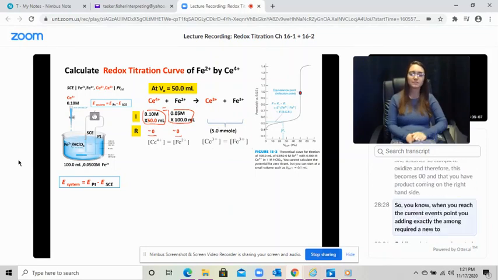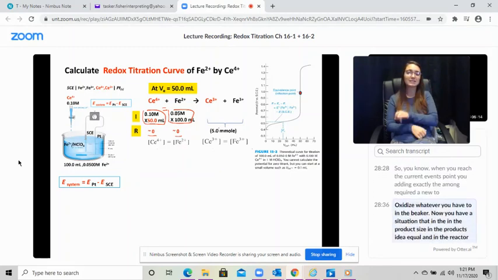So you know, when you reach the equivalence point, you're adding exactly the amount required to oxidize whatever you have of iron 2 in the beaker. Now you have a situation that on the product side they are equal, and on the reactant side they are equal.